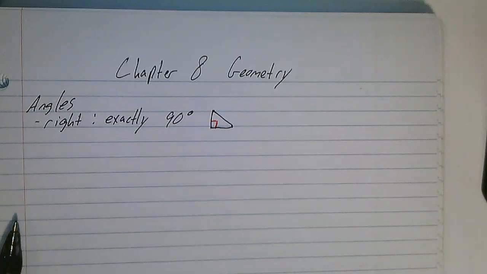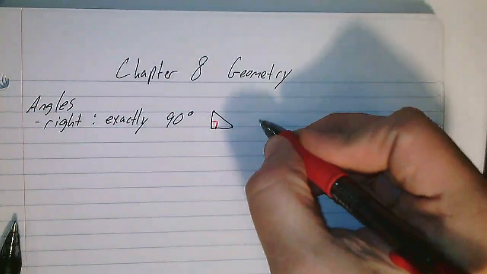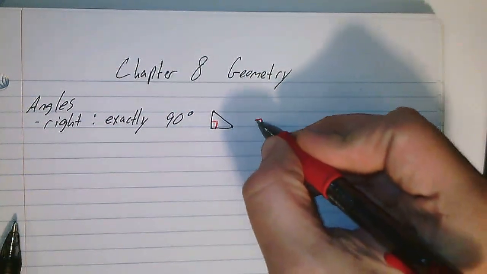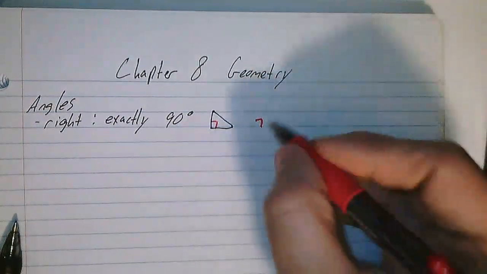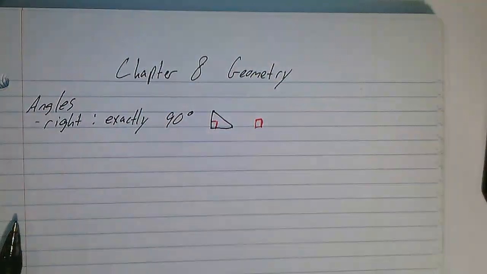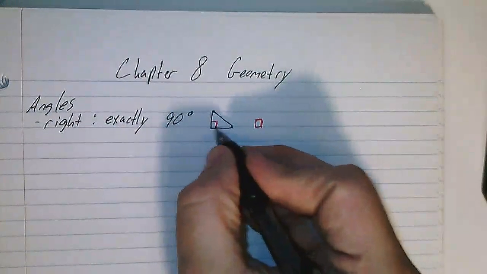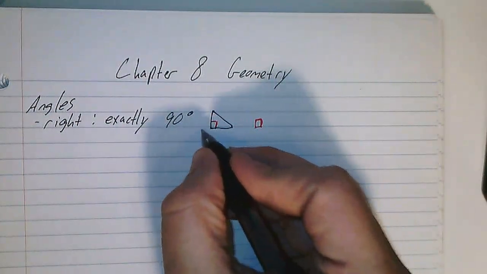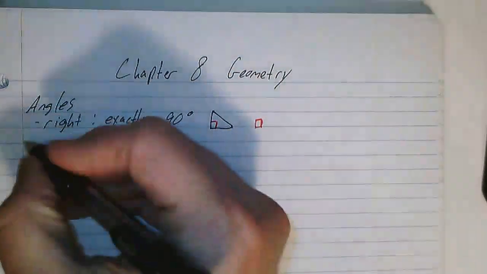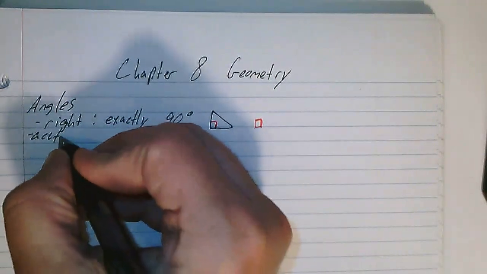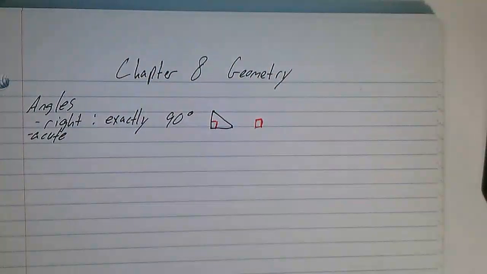When you see that symbol in a triangle, that little box coming out, maybe it's supposed to make a square, that's our symbol to show us that we are looking at a 90-degree angle. It makes that T kind of intersection if I continue this line going out. So we'll look at right triangles in a bit.